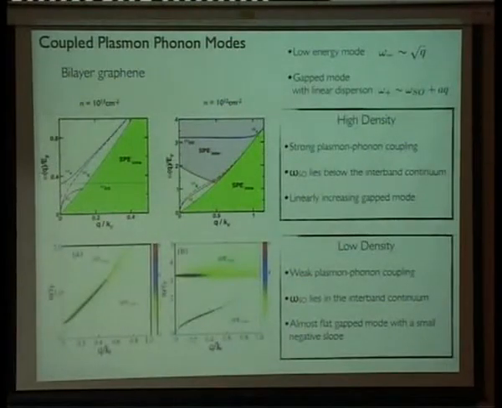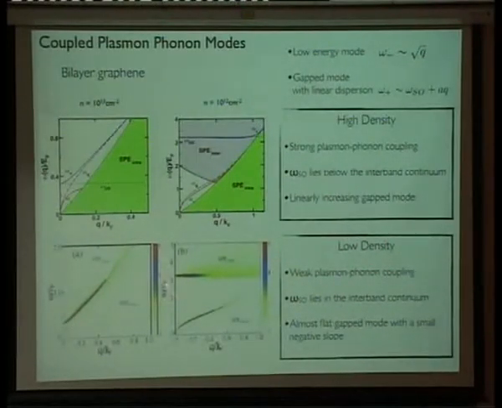Now, if you go to bilayer graphene, it changes, and you get these two modes. But there's a difference in behavior. At high density, you have very strong plasmon-phonon coupling. And the idea is that this actually lies below the interband continuum. And so you get a linearly increasing gap mode. And at low densities, you have very weak plasmon-phonon coupling.